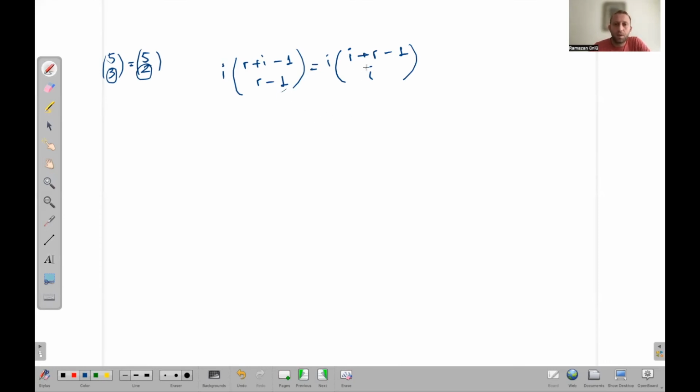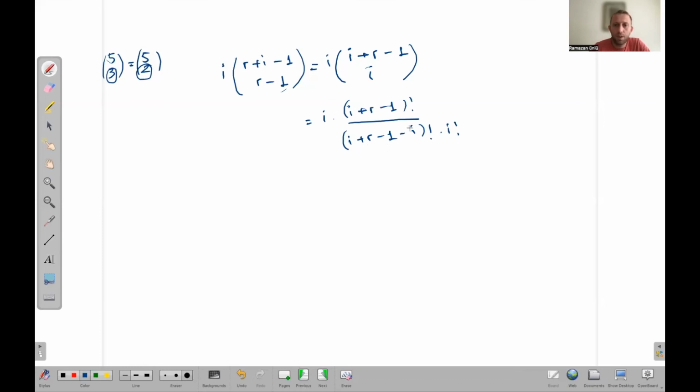So let's say if I open this one, what will it be? It will be something like that, right? I times, I'm sorry, no parentheses. That will be (i plus r minus 1) factorial divided by (i plus r minus 1 minus i) factorial times i factorial.